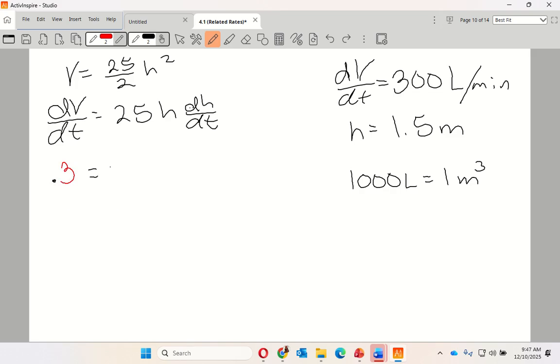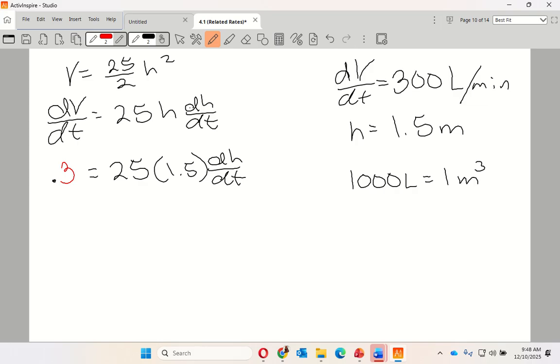0.3 is equal to 25 times my h value, which was 1.5, times dh/dt. Isn't 1.5 just 3 over 2?